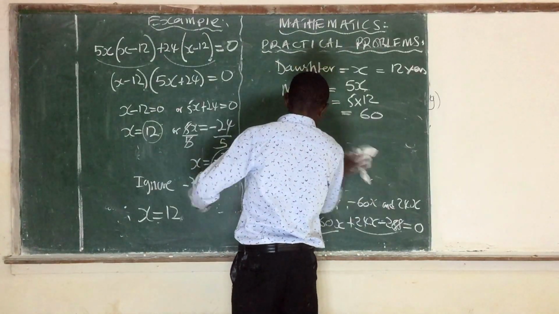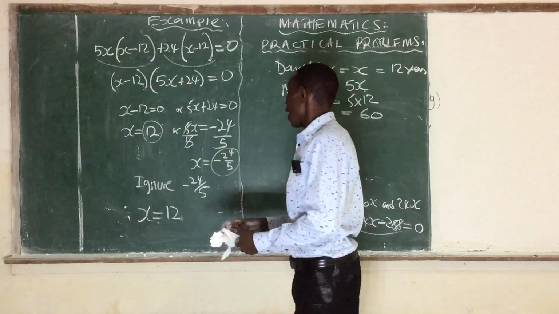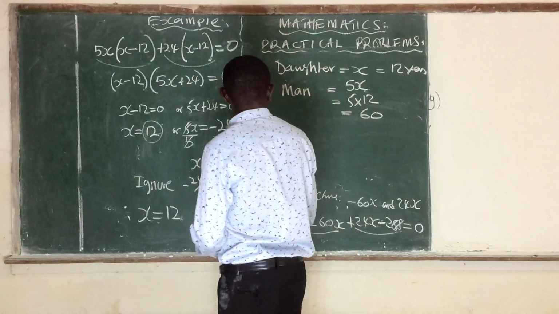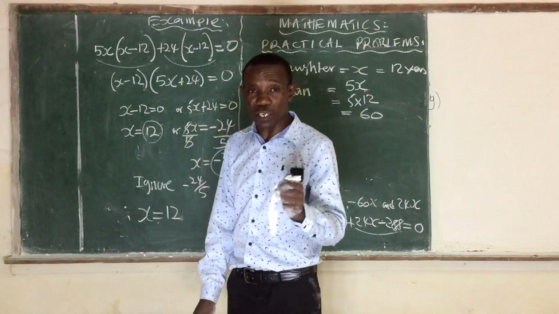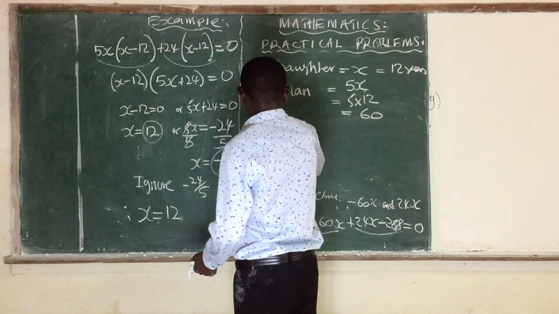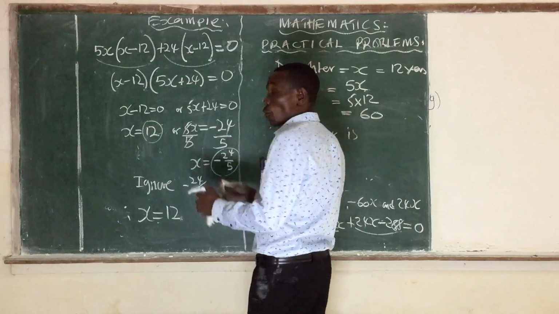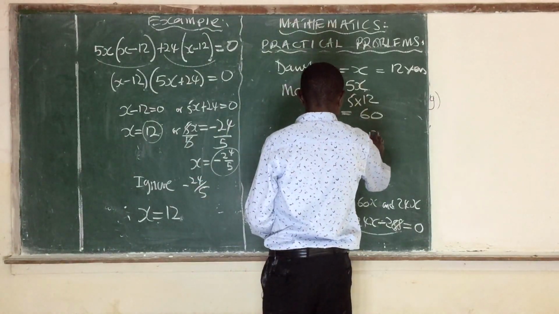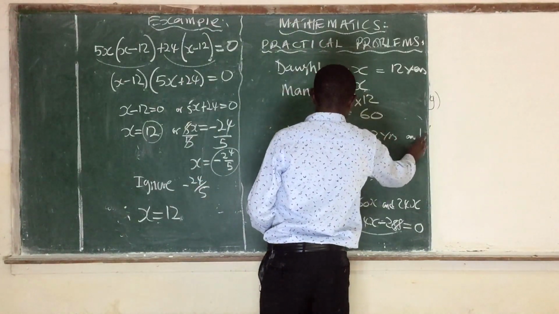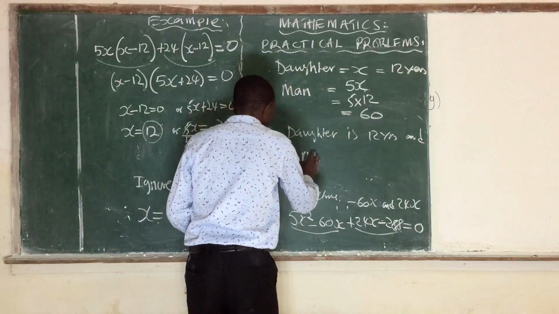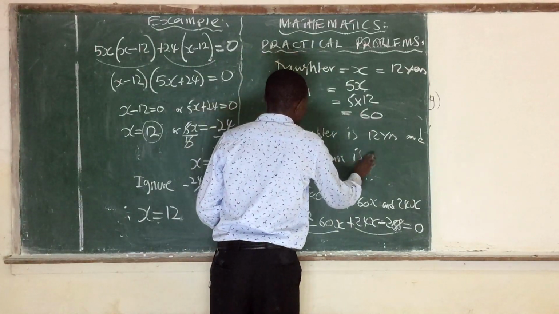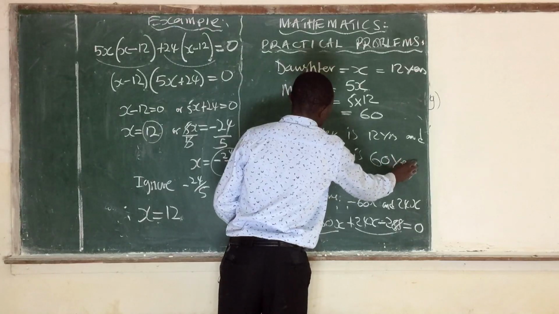So then, at the very end, to conclude that statement, which is more like a question, find the age of a man and a daughter, you'll be able to conclude that the daughter, talking of the present, is 12 years, and the man is 60 years.